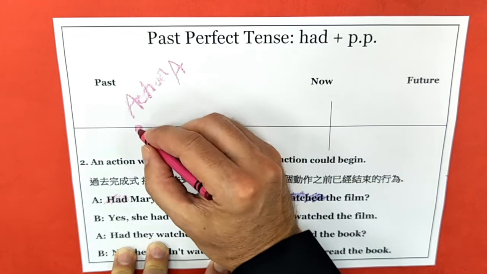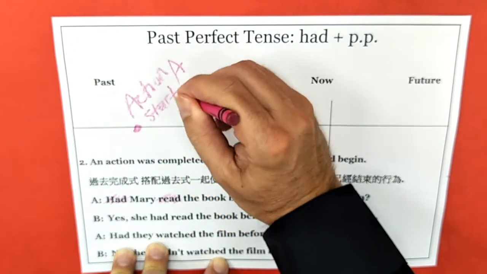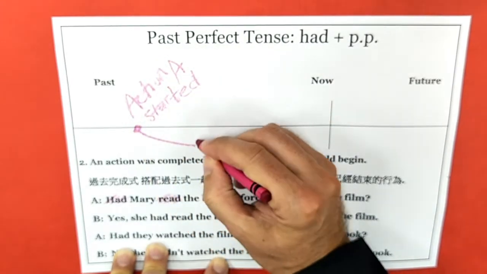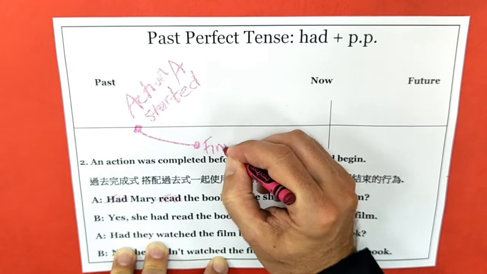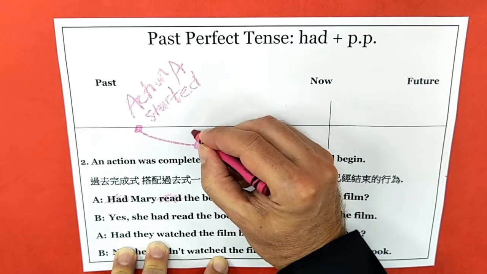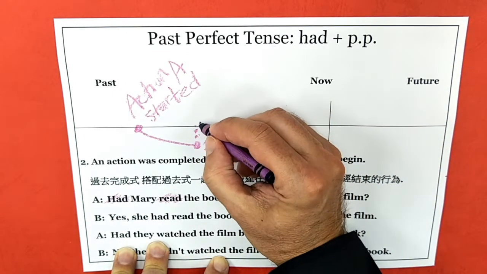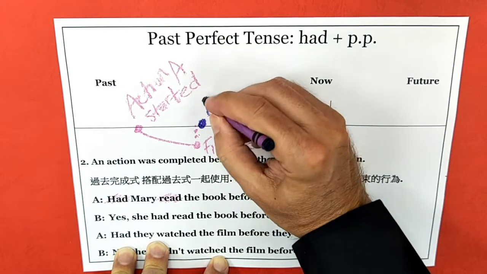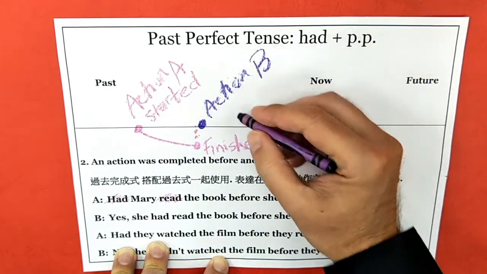That action, it started, and it finished, and when it finished, this action B could start.